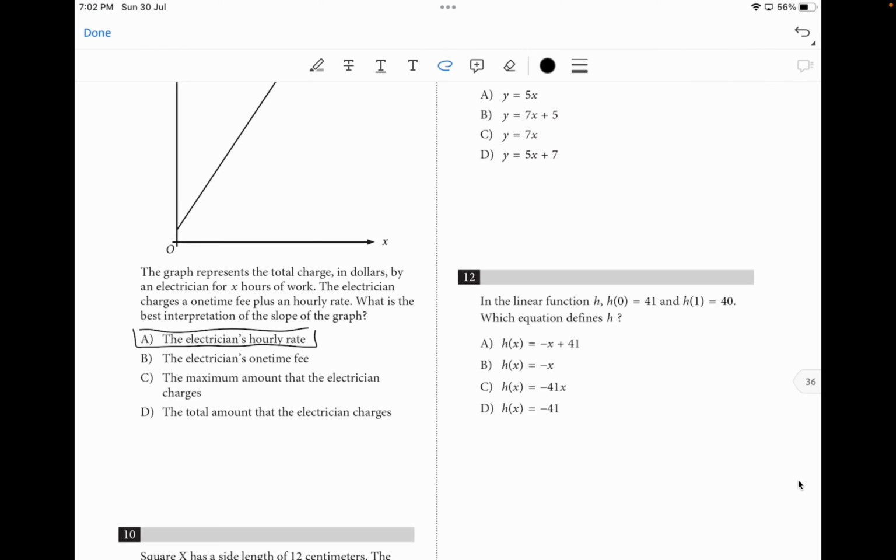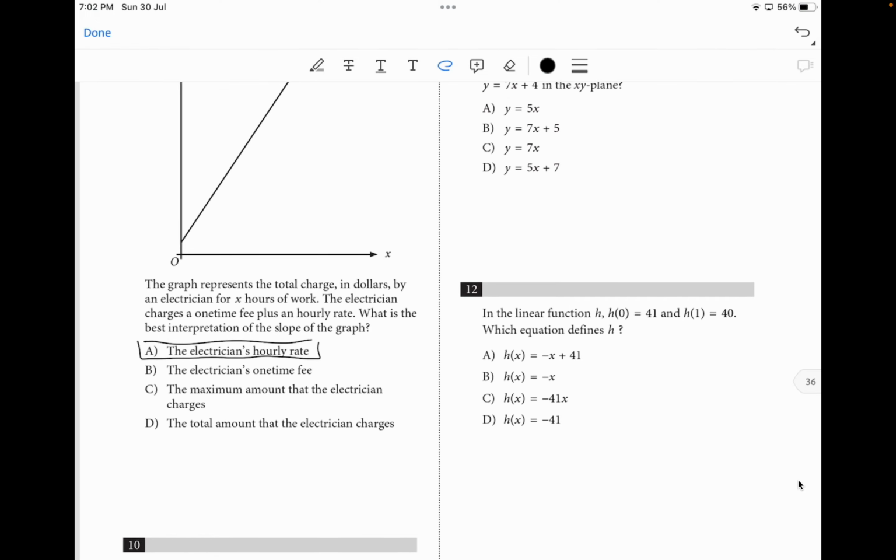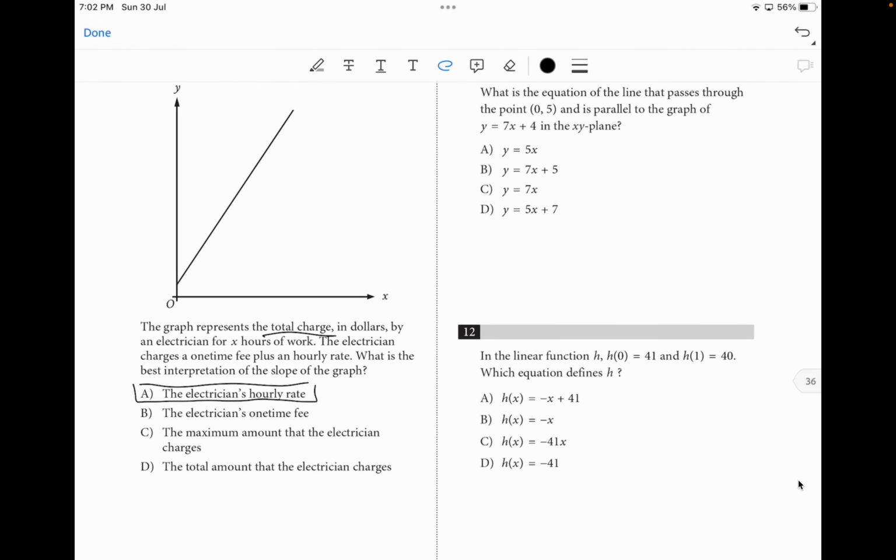Now, the reason is because we can see that there's the electrician who charges a one-time fee plus an hourly rate. Now, it's also given that on the graph, we can see that it represents the total charge in dollars, right? For x hours of work. It's just given in the question itself. So now this graph just shows us a linear relationship in the xy plane.